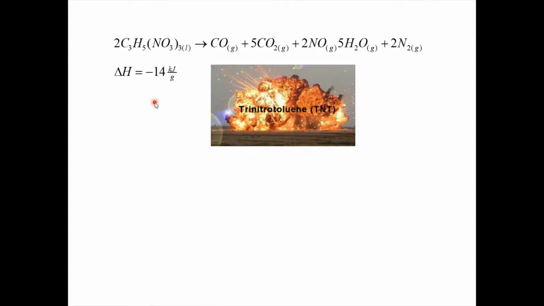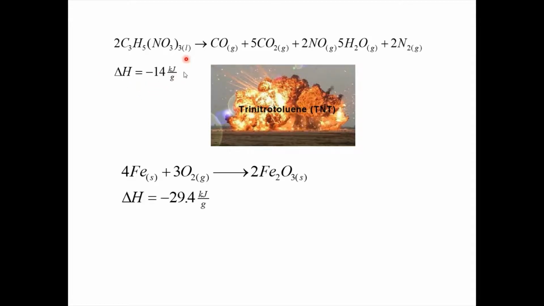Okay, so now there's a second chemical equation that we can look at, and that's this one. 4Fe plus 3O2 goes to form 2Fe2O3. If you compare it to the first one, the first one has a delta H of negative 14 kilojoules per gram. The second one has a delta H of negative 29.4 kilojoules.